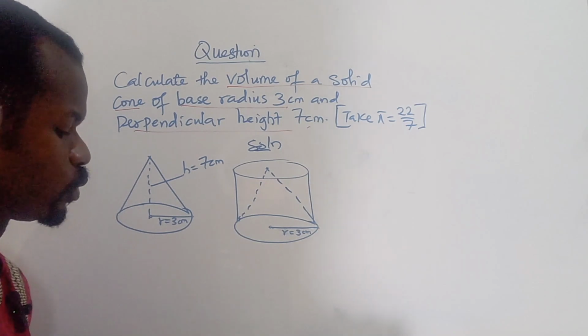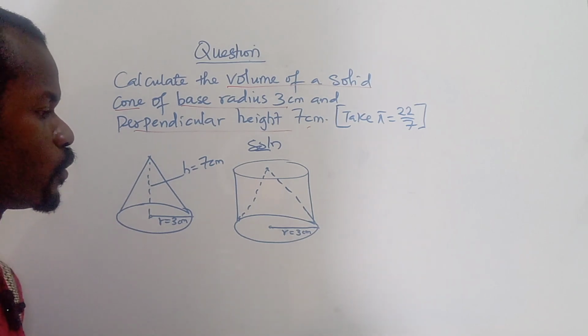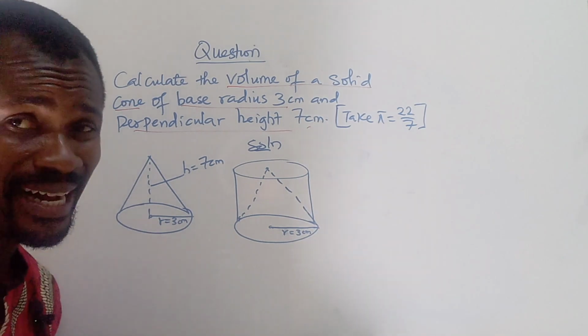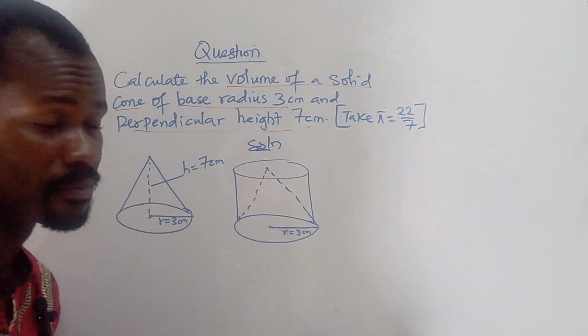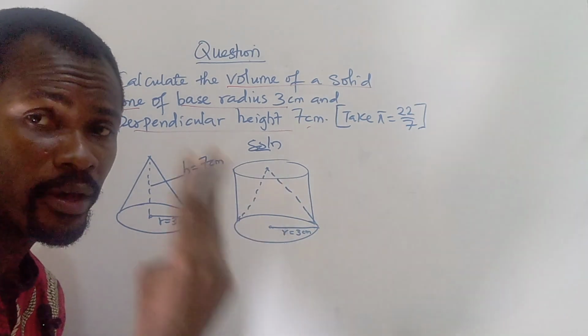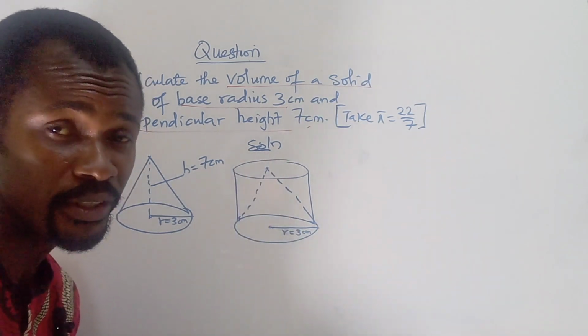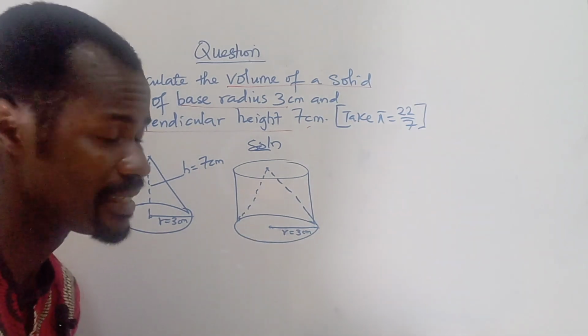But now if you fill this cone with water and you pour it inside this cylinder, you are going to pour it 3 times before you get this cylinder filled, because this cone has been formed out from the cylinder.